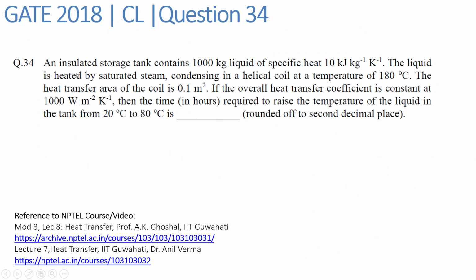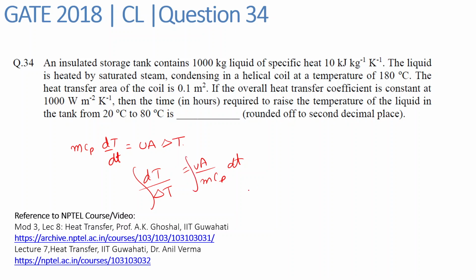Just to revise, in this given question, we had written the energy balance m Cp dT/dt is equal to UA delta T. Then we integrate this equation, that is UA over m Cp times delta T into dt, to find the temperature as a function of time.